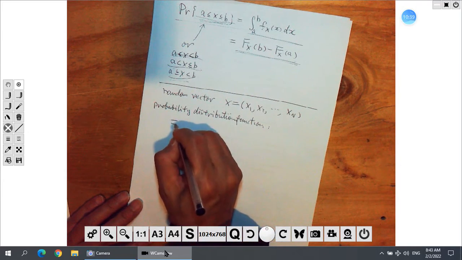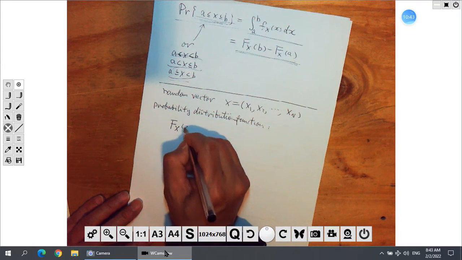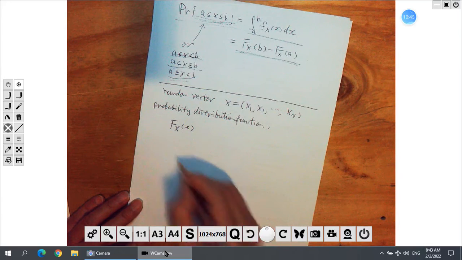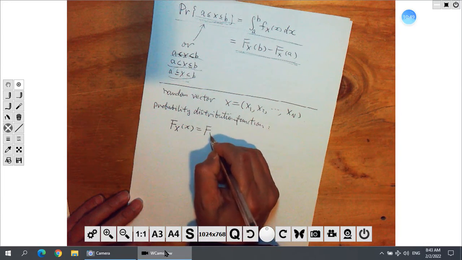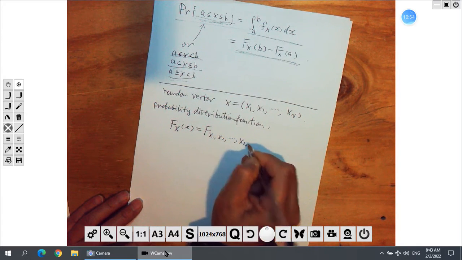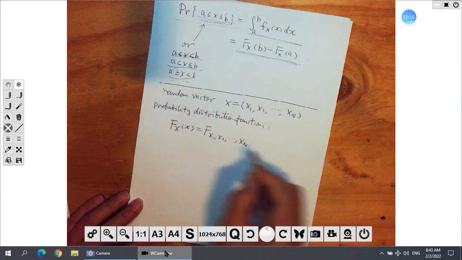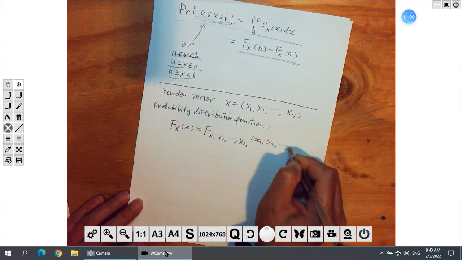We use the same notation, capital F_X of lowercase x, but now capital X is a vector, so I can also write X1, X2 until Xn. And this lowercase x is also a vector, x1, x2 until xn.